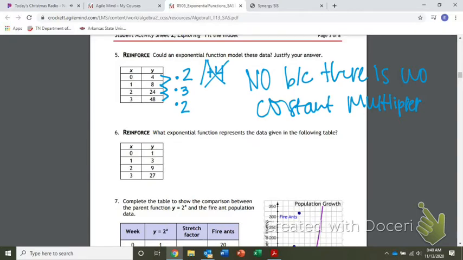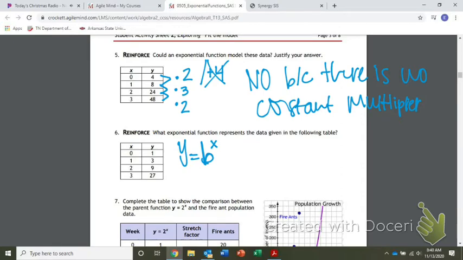All right, number 6. What exponential function represents the data given in the following table? So remember, exponential functions are written as y equals b to the x, where b is my base. So from 1 to 3, what am I doing?